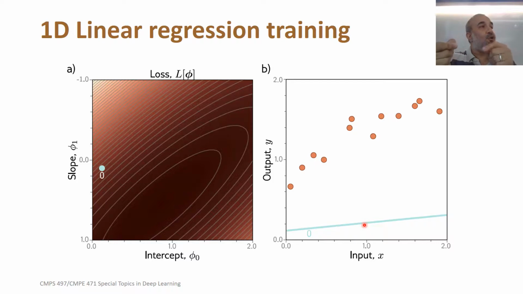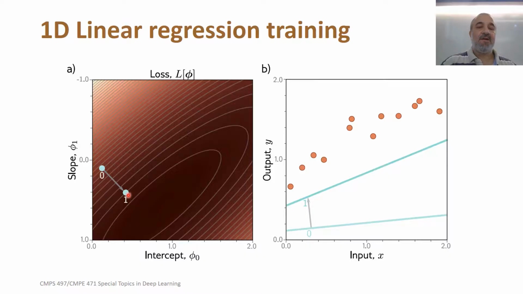So we usually go in the reverse direction of the slope, step by step. Okay? So going from this point, the slope of the loss function is this way, because we are increasing the loss function in this way. So we go in the reverse direction. We go this way.